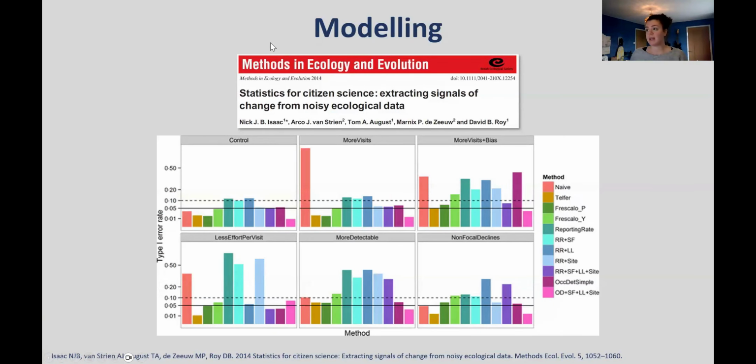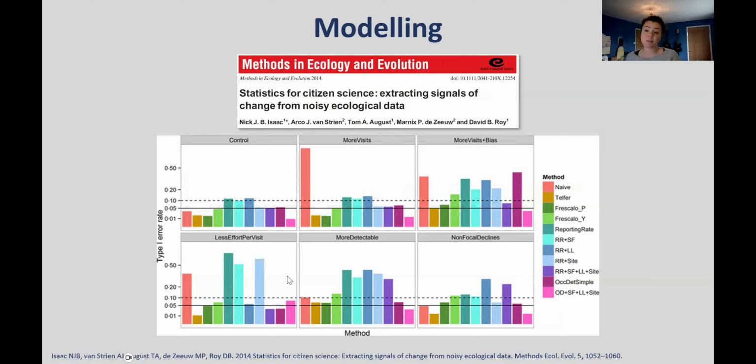So this paper that you see here was published quite a few years ago now, but it was a really important piece of work for us. This was published by my colleagues in 2014, and the aim was to test how effective the different statistical methods are in producing robust trends of biodiversity change from the sort of citizen science data that we use.